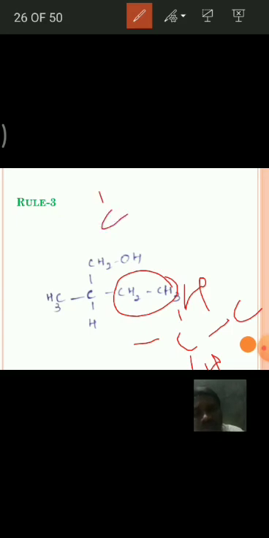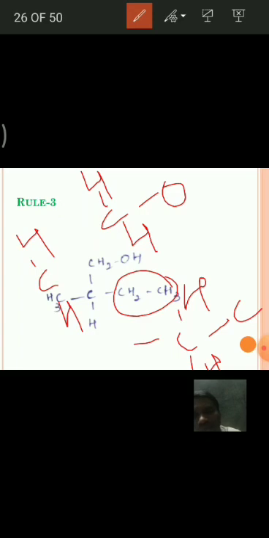in this group the carbon is attached to hydrogen and carbon. This carbon is attached to one hydrogen, oxygen. In this carbon is attached to hydrogen and one more hydrogen.